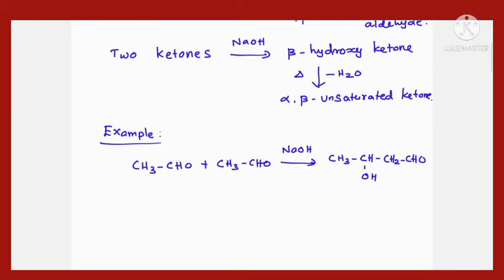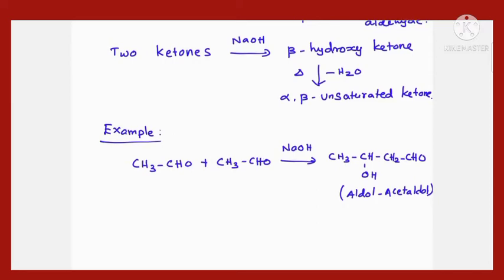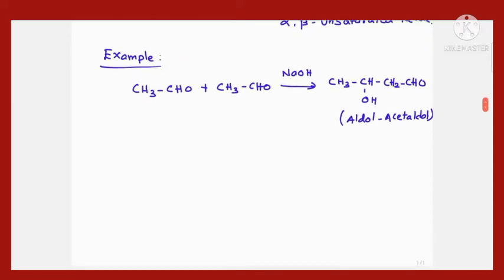So here you are getting a beta hydroxy aldehyde compound, which is called aldol, or exactly it is called acetaldol, because it is an aldol formed by the reaction between 2 acetaldehyde molecules. Now this is the net reaction. Let us see how this product is formed in steps, which is nothing but the mechanism.